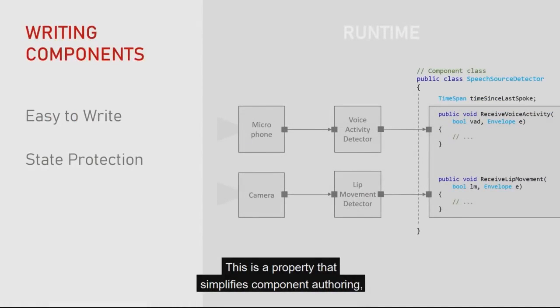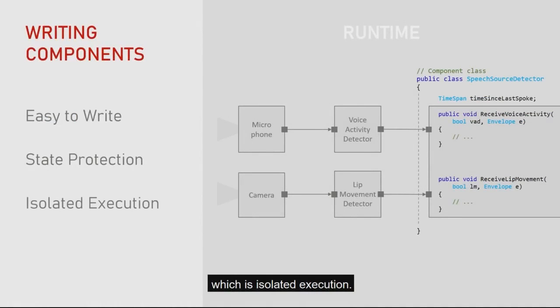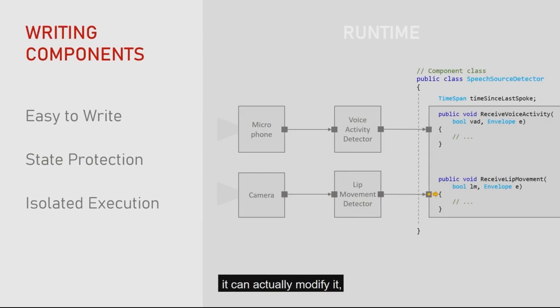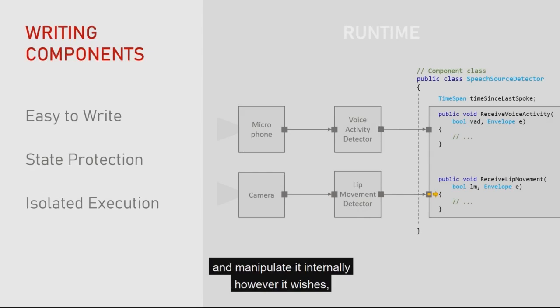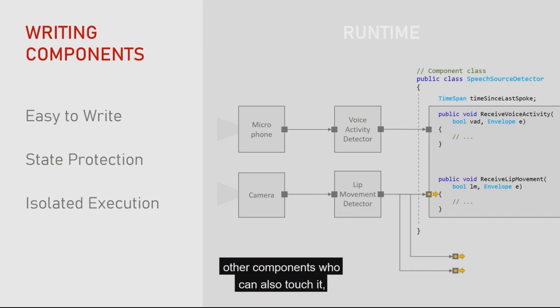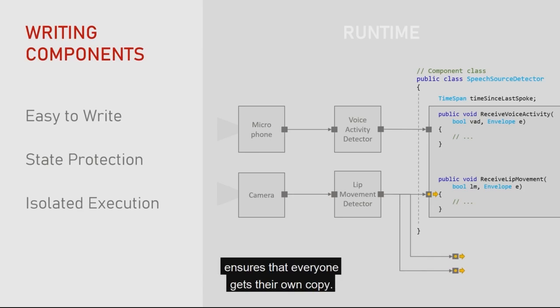So this is a property that simplifies component authoring, and it couples to another important property, which is isolated execution. Whenever one of these receivers receives one of these messages, it can actually modify it and edit it and touch it and manipulate it internally however it wishes, because if this message is being sent to a number of other receivers at other components who can also touch it, the Psi runtime automatically ensures that everyone gets their own copy.